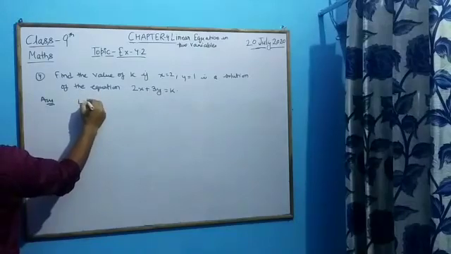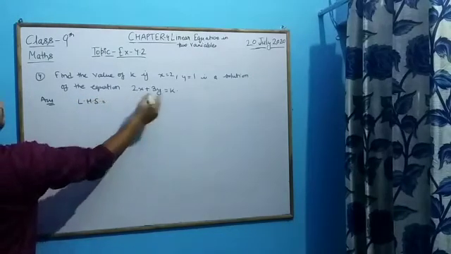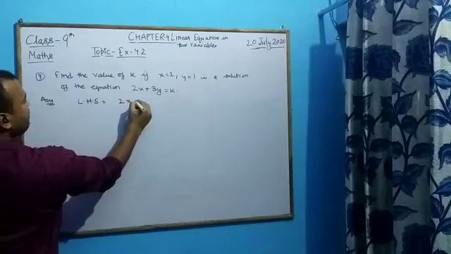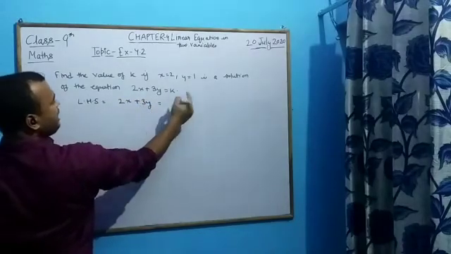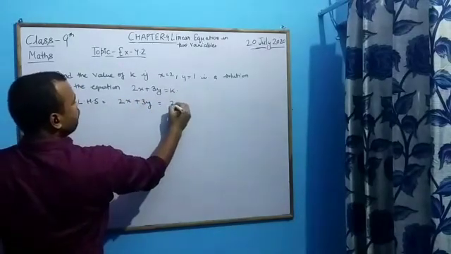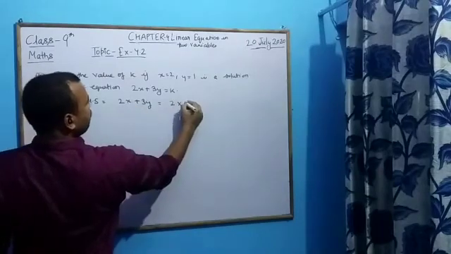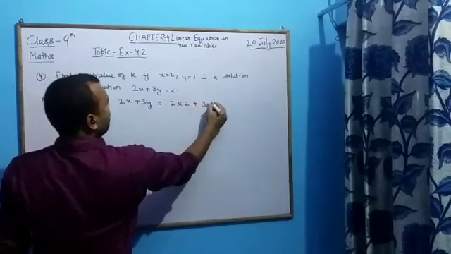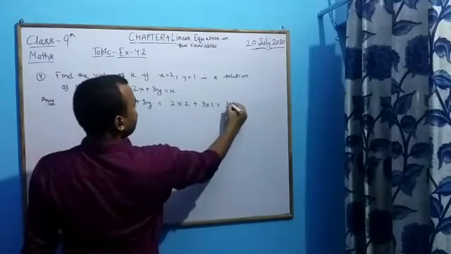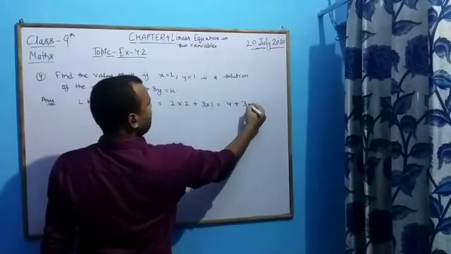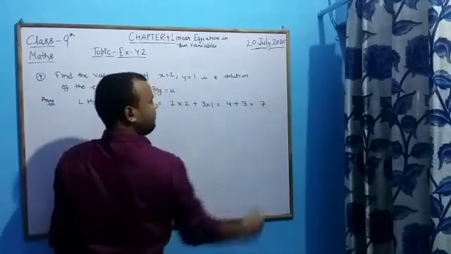Let us see the left hand side. The left hand side of the equation is 2x plus 3y. Now put the solution, that is x is 2 and y is 1. What it comes? 2 into 2, that is 4, and 3 into 1, that is 3. 4 plus 3 is 7.